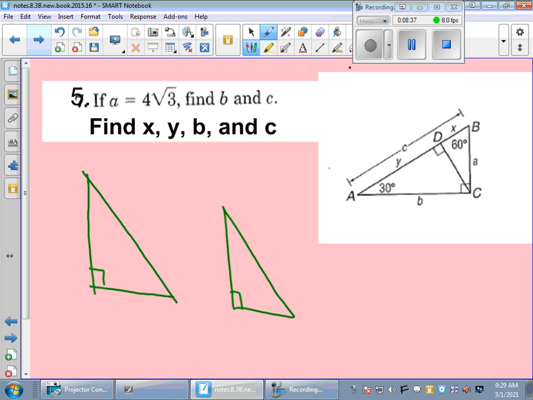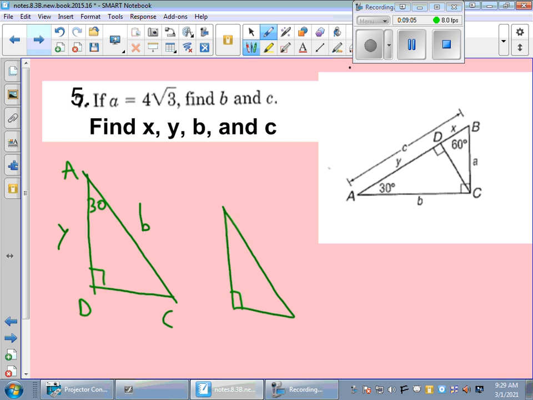Here's D, here's C, here's A. So let's fill in what we have and figure out what we can do from here. So D, C, A: the hypotenuse is B, the long leg is Y, and this is a 30-degree angle.